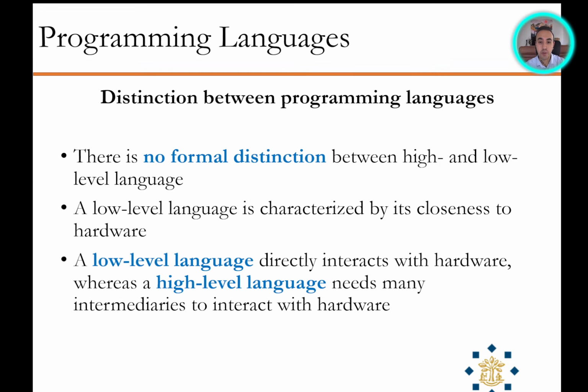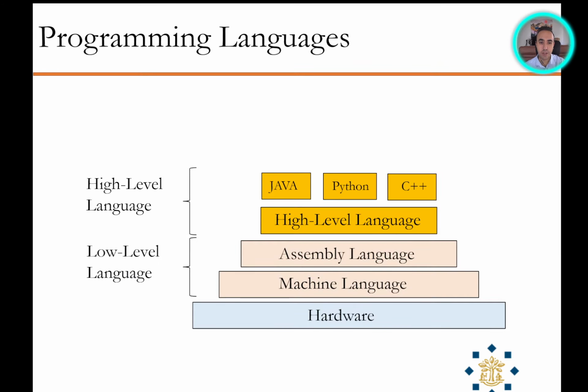So if we were to look at the interaction between the hardware and the software, in a low-level language, the interaction is direct with the hardware. But a high-level language needs other intermediaries to interact with the hardware. So that is the only basic distinction.